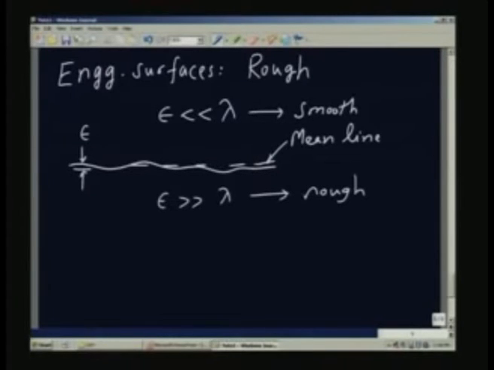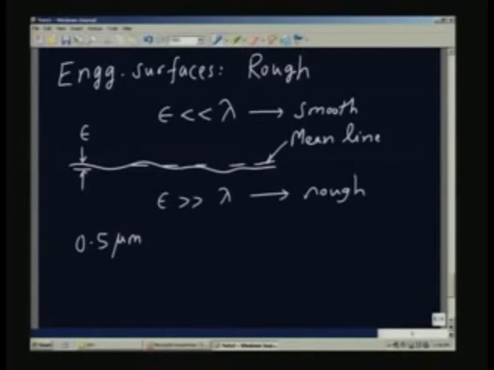For example, if you take the visible part, something like 0.5 micrometers, that means epsilon should be much smaller compared to 0.5 micrometers to consider the surface as smooth in the visible part of the spectrum.